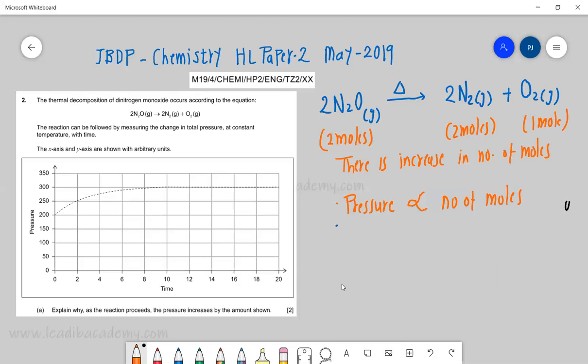So simple. Pressure depends on the number of moles, and in this reaction we clearly see an increase in the number of moles from 2 to 3.